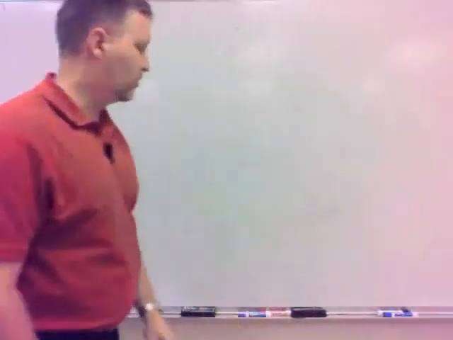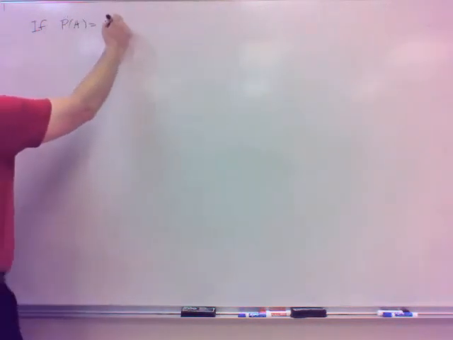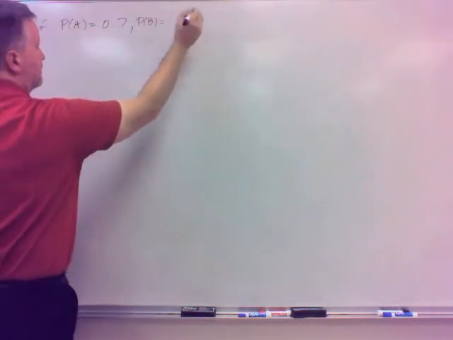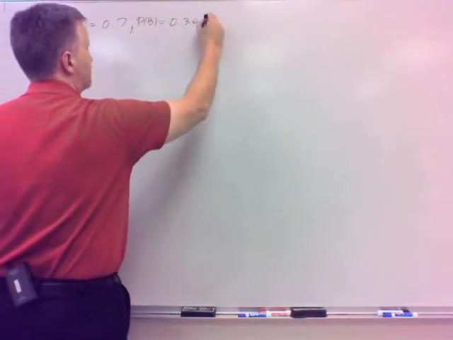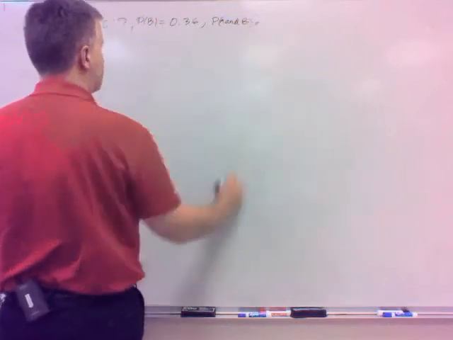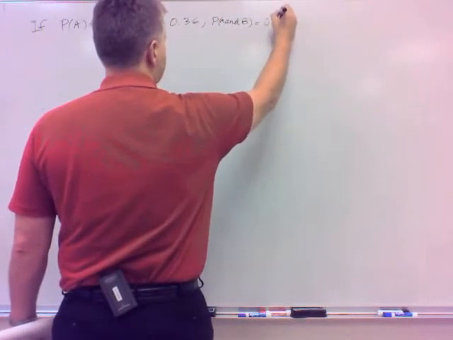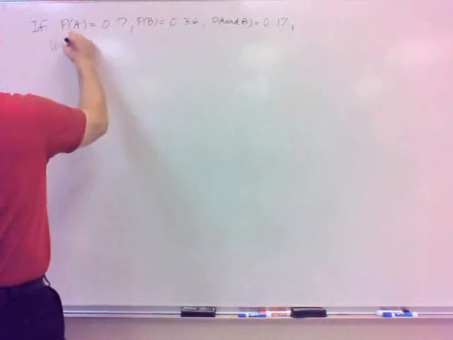But let's say we know this: the probability of A is 0.7, the probability of B is 0.36, and the probability of A and B is 0.17. What is the probability of A or B?